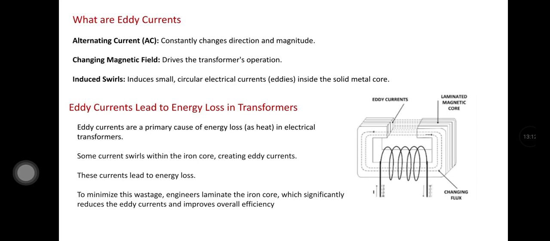Some currents swirl within the iron core, creating eddy current. These currents lead to energy loss. To minimize this wastage, engineers laminate the iron core, which significantly reduces the eddy current and improves overall efficiency.